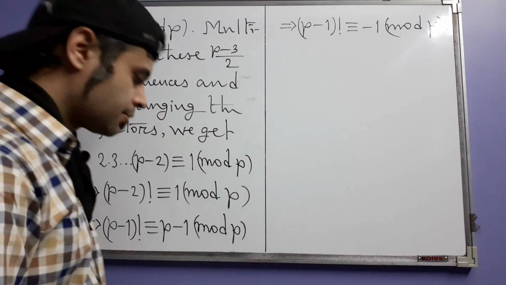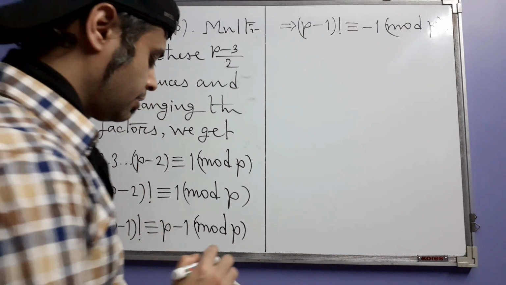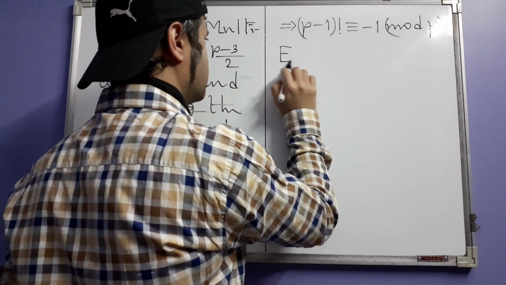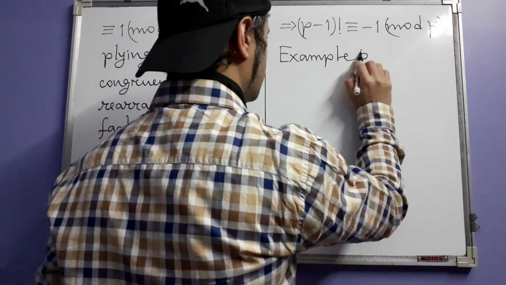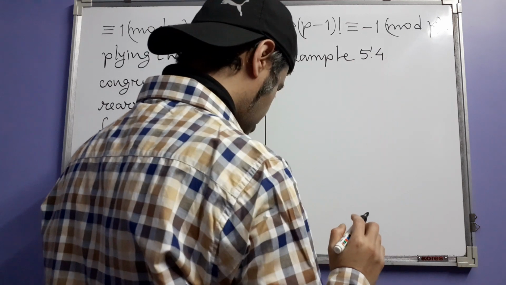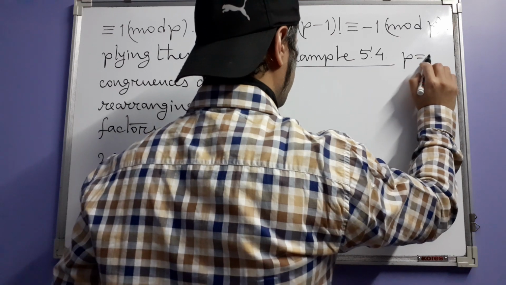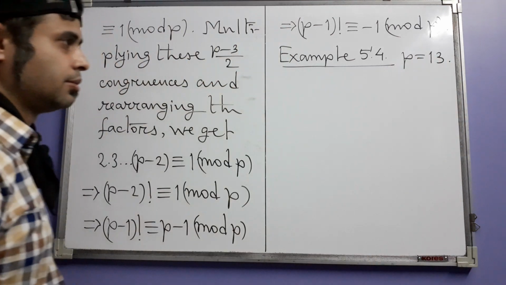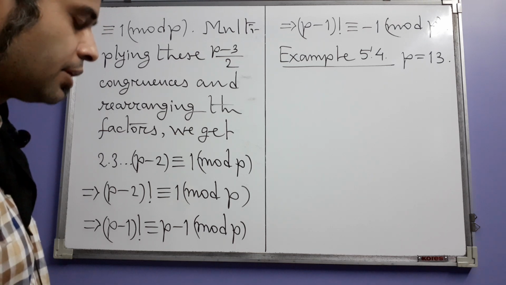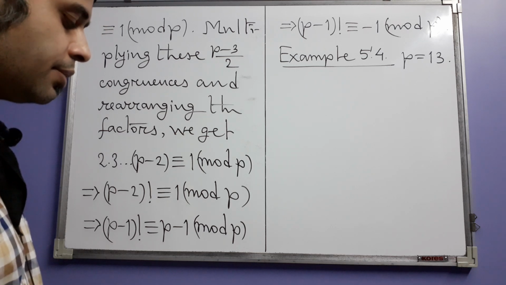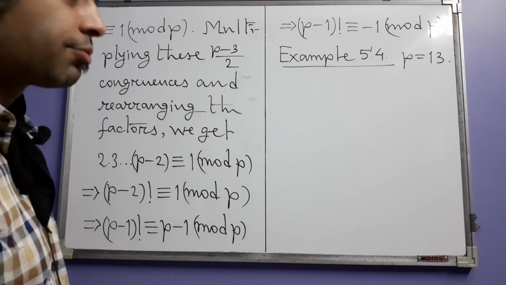Now, you can see this proof more concretely in this next example. This is example 4, I think, yes. Now, in this example, you consider the prime 13. Okay. So, the relevant congruences, 13 minus 3 is 10, 10 divided by 2 is 5.